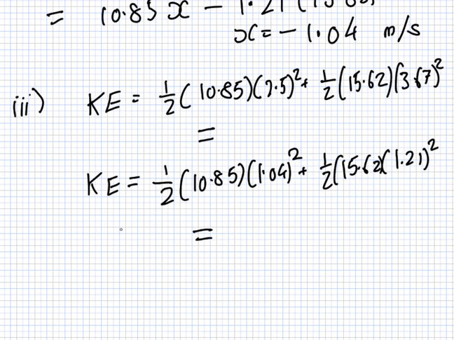We need the change, so I'm going to subtract these two. This is the first and this is the second. So Daniel, what's the kinetic energy? 139 joules. Okay, and Joshua? 139 joules.